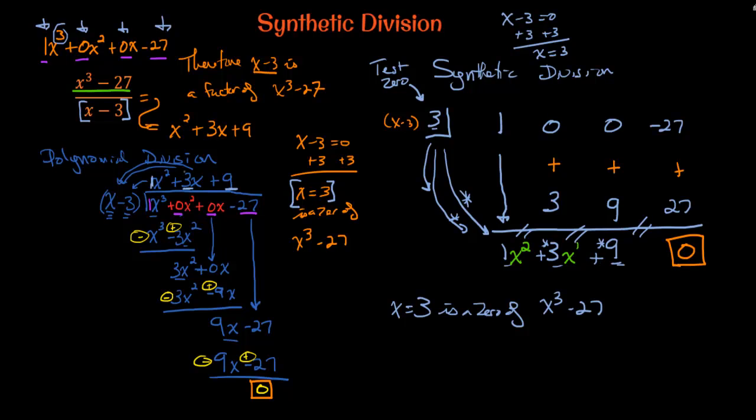So in reality, this indicates that x cubed minus 27 will equal x minus 3 times x squared plus 3x plus 9.